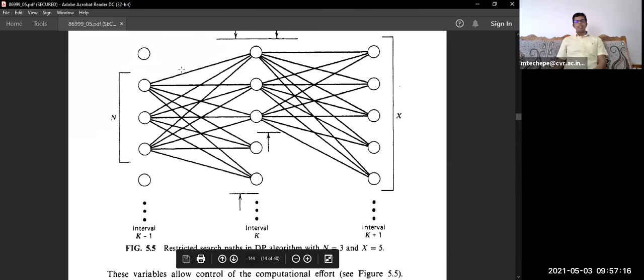In this dynamic approach, most probably we are going to solve with this neural network approach only. Then the solution can be made somewhat simple.